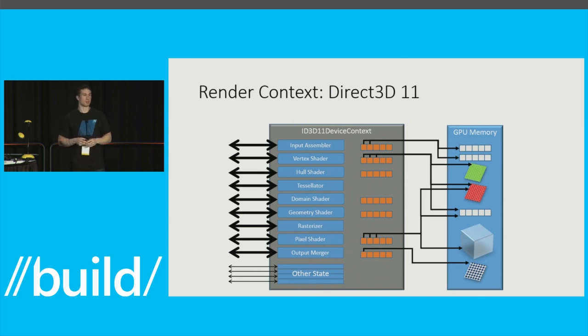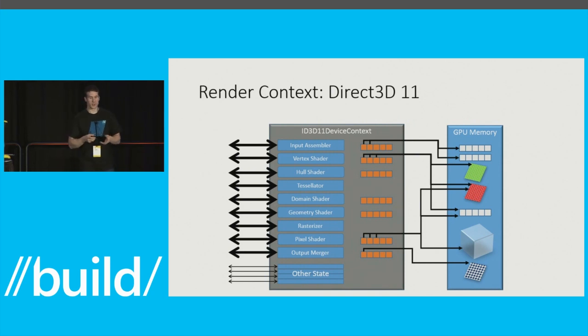Next to each stage in the pipeline, you see those arrays of red rectangles, and those represent the bind points in D3D11. D3D11, like a lot of 3D APIs before, both in the D3D space and in other graphics API families, has an explicit bind model. So every stage in the pipeline knows exactly what resources it could refer to.